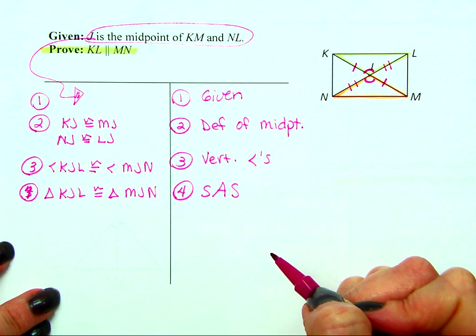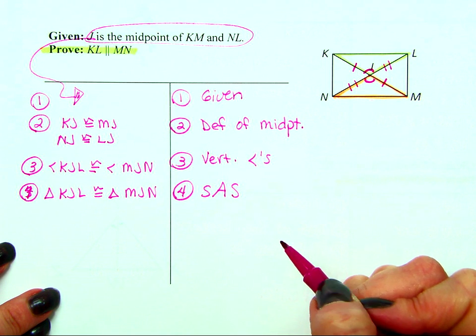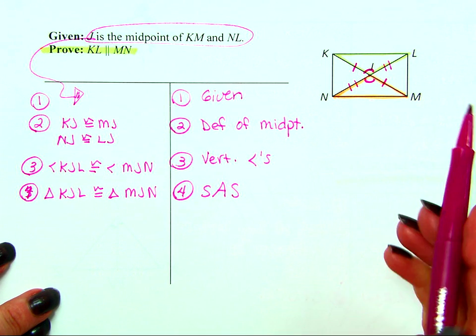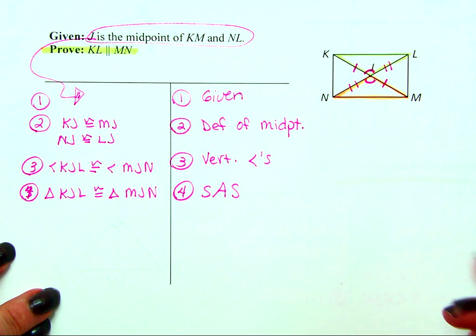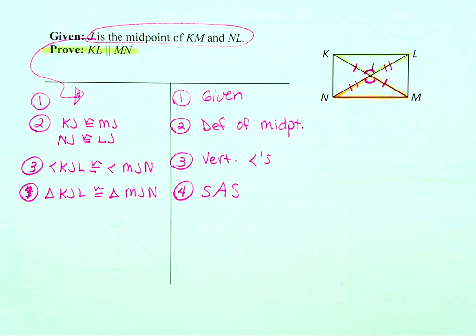Where do I go from there? Is that enough to say if I have congruent triangles, KL must be parallel to MN? Well, in fact, it's not. It's not quite enough. How do we know if lines are parallel? This actually goes back to using some of our angle pairs. Would you agree that if I take a look at my diagram, I do have some alternate interior angles?